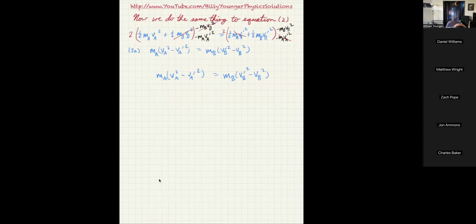Now, if I put under that MA times VA minus VA prime equals MB times VB prime minus VB, you don't necessarily see anything particularly helpful until I do this. And you've got to remember from grade school now, what is VA squared minus VA prime squared? Anybody remember how to factor that?